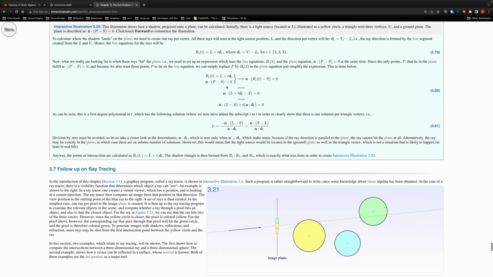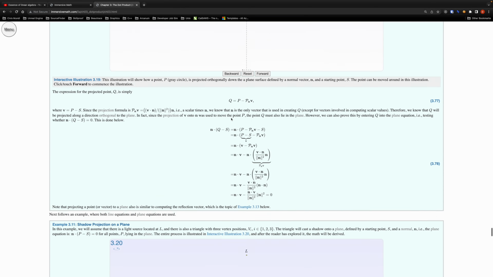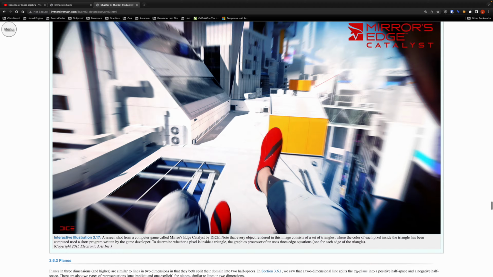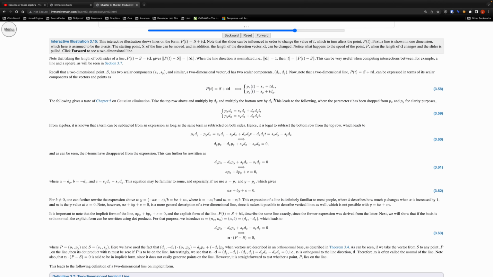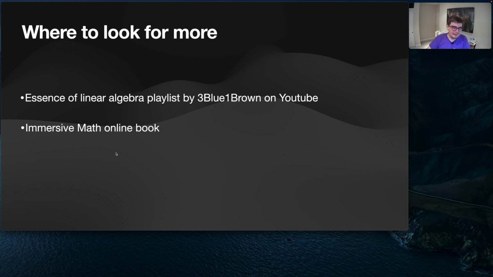But as you can see, this book is kind of heavy on the math syntax, and if you're not used to that, it can really give you a headache. So, like I said, if you're just getting into the field, what I would recommend is that you first watch this Essence of Linear Algebra playlist, and then just start building things.